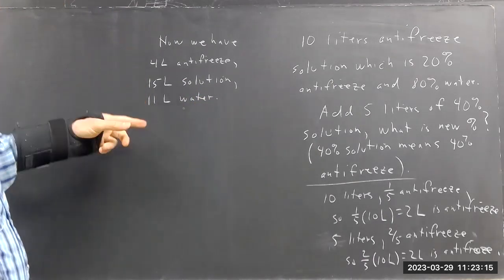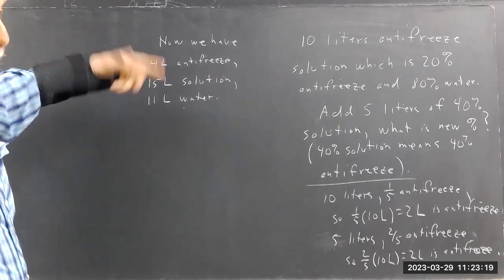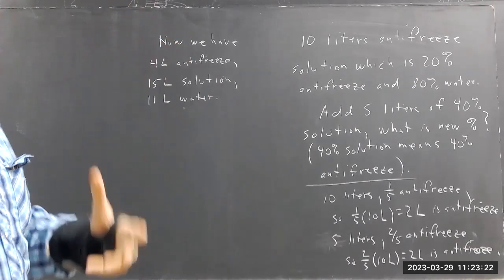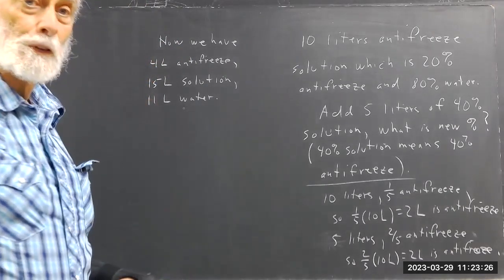So one thing some people did was they divided the 4 liters by the 11 liters of water, which is not an unreasonable thing to do if we haven't defined what a percent solution means.